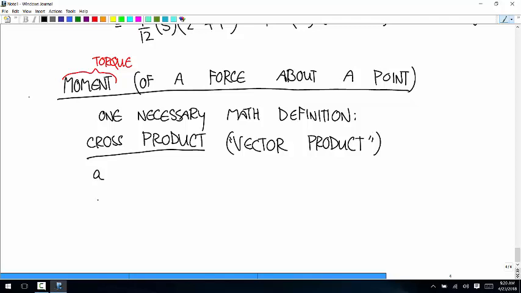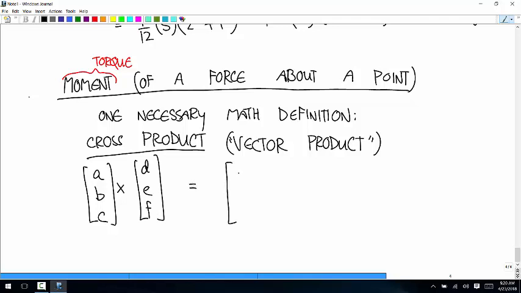And so if you have two vectors A, B, C, and you cross it with D, E, F, the vector that comes out has an X component that's equal to BF minus CE. I know this seems unnecessarily complicated, but a Y component that's equal to negative quantity, AF minus CD.